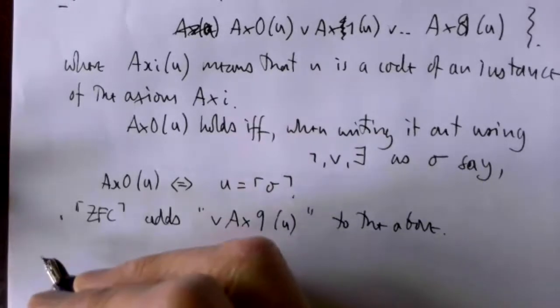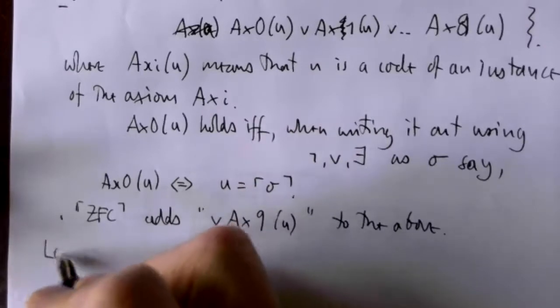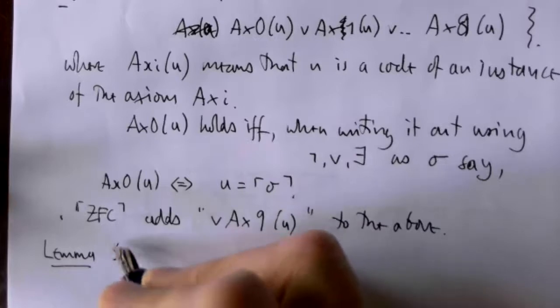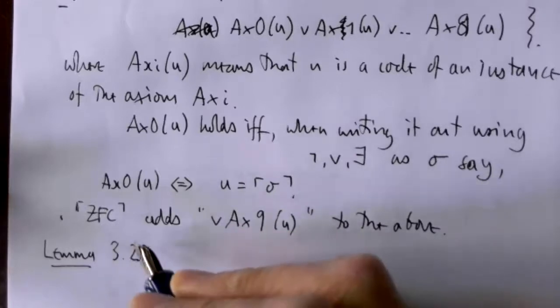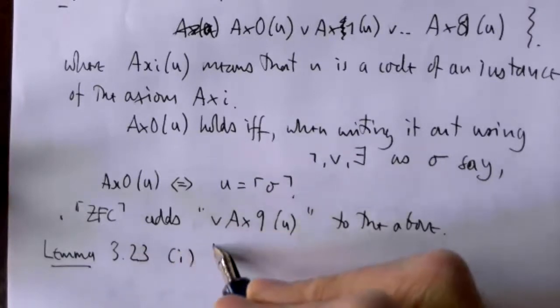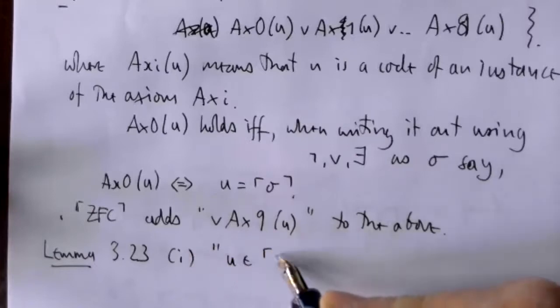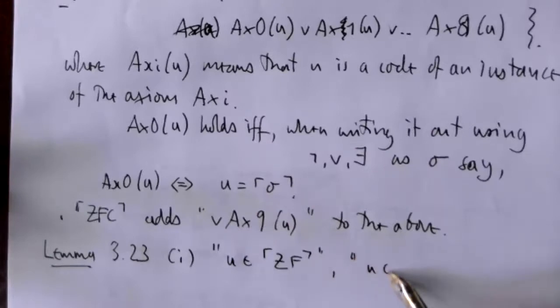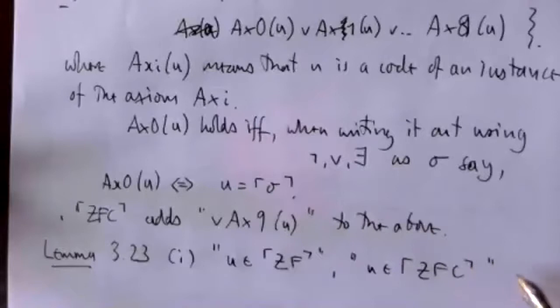So we just have a lemma then, (323), which just says: 1, U is in ZF, corner ZF, or the same for ZFC, is definite. These are definite.